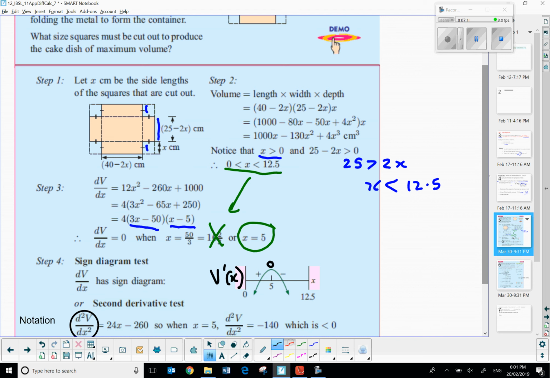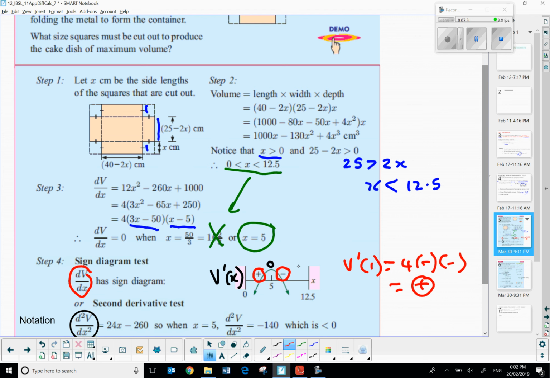So when we're doing our first derivative, test our points, v dash at 1. That ends up being 4 times a negative number times another negative number makes a positive number. So that's how we get that positive. Test a point bigger than that, say 6, and we'll end up with a negative.